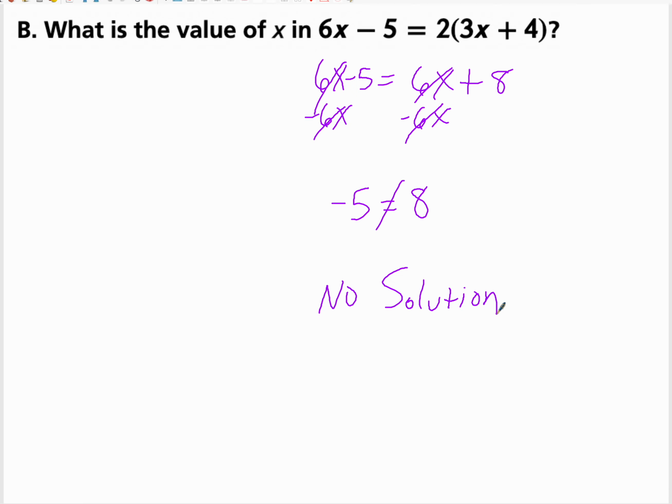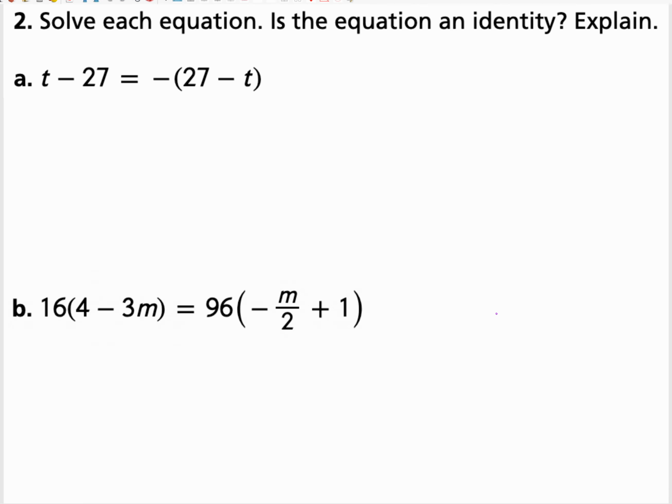So we need to learn to recognize those. So let's try a couple here. We've got question A, 2t minus 27 equals negative of the quantity 27 minus t. So we need to distribute that negative symbol.